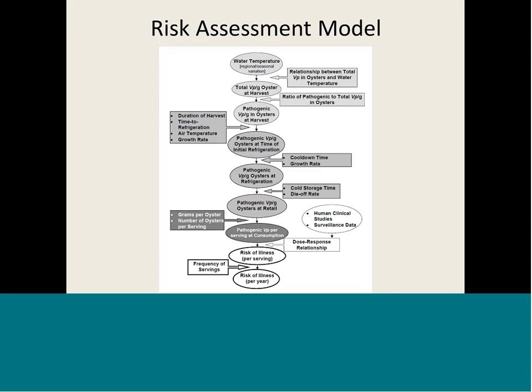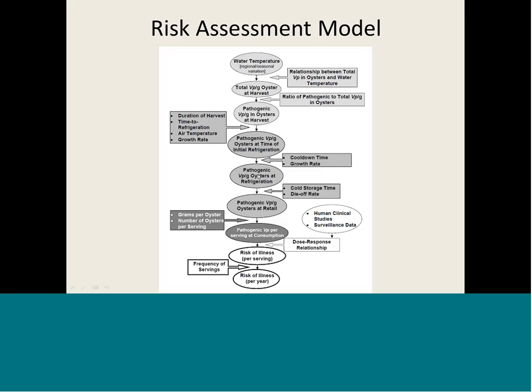Moving down the center of our model, we're going to be doing some predictive microbiology in the model that's going to predict how the Vibrio in the oysters at harvest grows as the oysters rest on the deck of the workboat, and then how the Vibrio continue to grow once the oysters are put into refrigeration, because it'll take the oyster's flesh some time to cool down before the bacteria are affected.